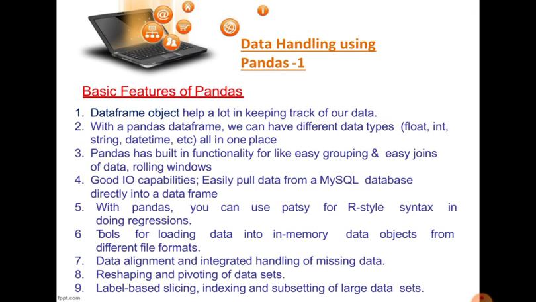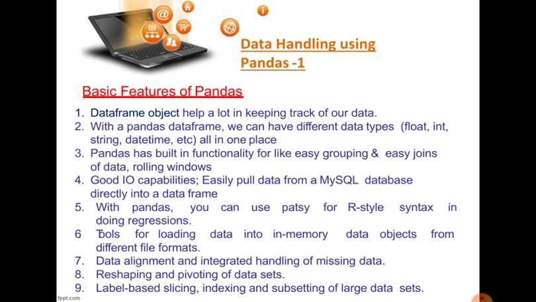Pandas has built-in functionality for easy grouping and easy joins of data, rolling windows, and good IO capabilities. Easily pull data from a MySQL database directly into a data frame.